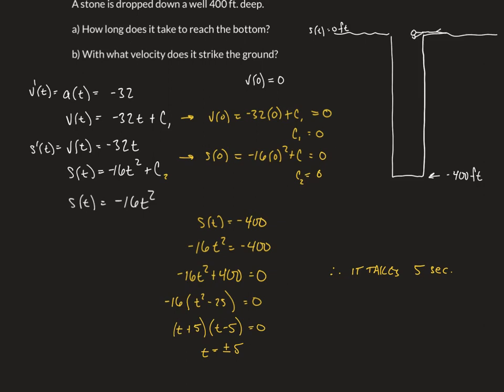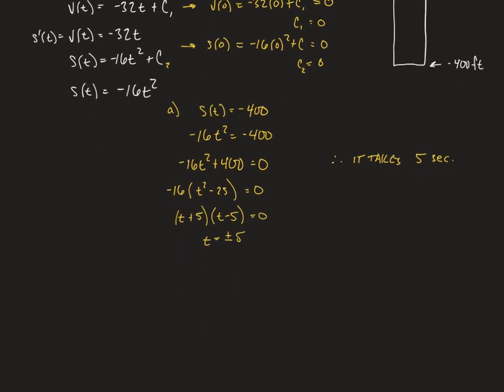All right, so this is our solution to A. Let me just try to keep my work organized here. And then for B, all I want to do is find out the velocity after 5 seconds. Our velocity function is negative 32 times t. So at 5 seconds, negative 160 feet per second.